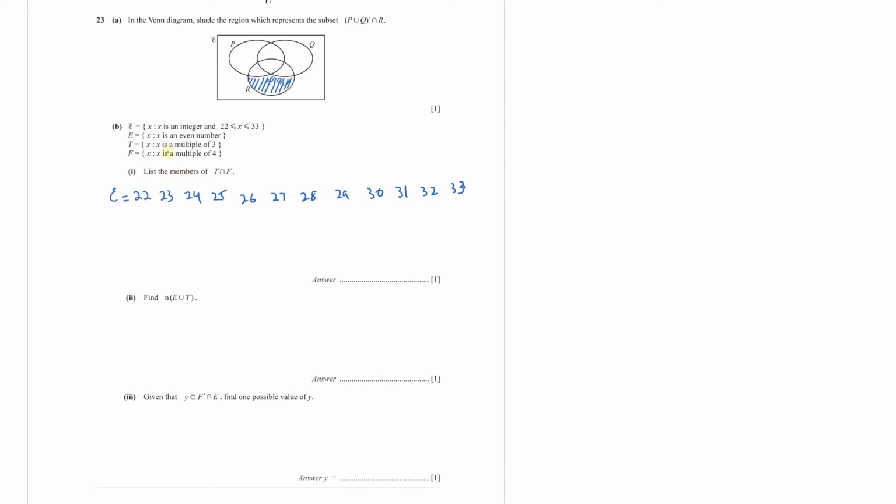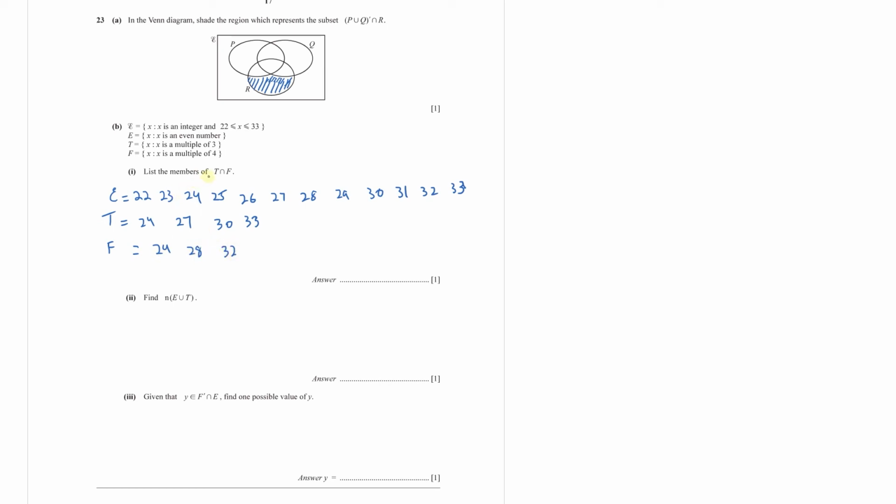And then your T is the set of all the numbers that are multiples of 3. So if you look at the multiples of 3 in this set, you have 24, 27, 30, and 33. And then F is a multiple of 4. So your multiples of 4 include 24, 28, and 32.